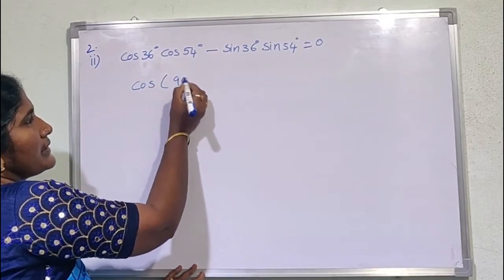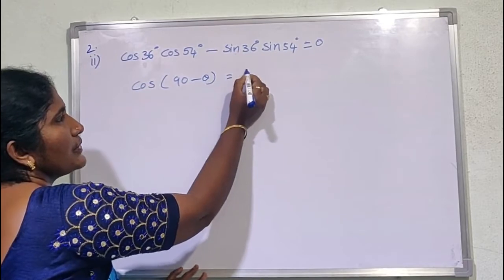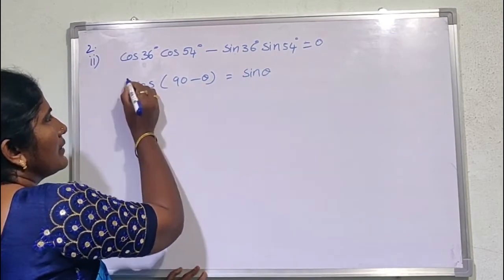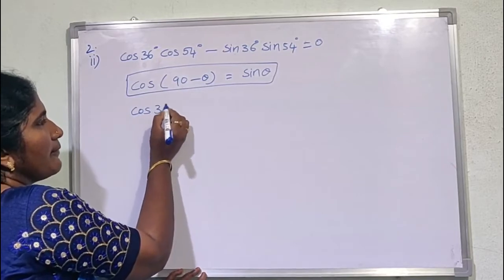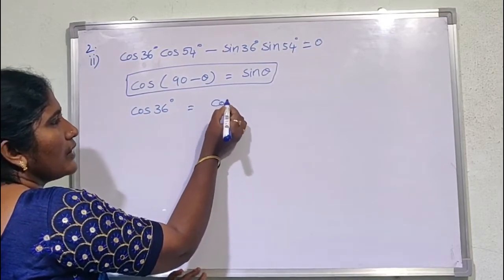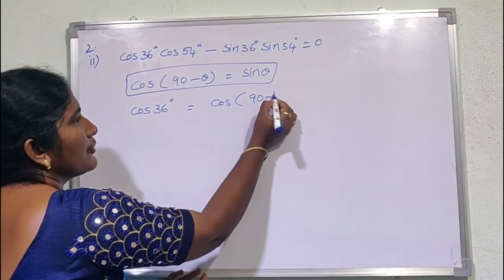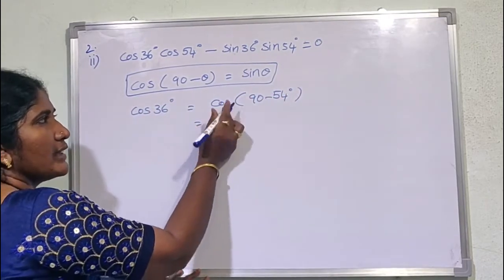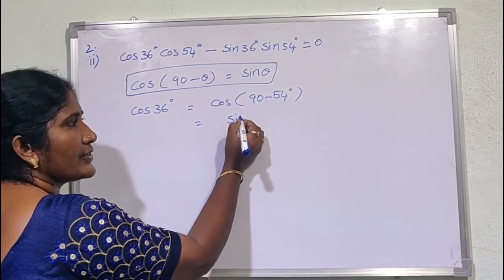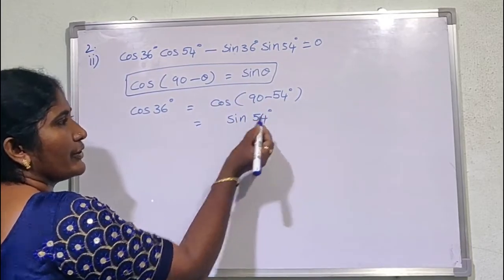Actually we know that cos 90 minus theta is equal to sin theta. Now cos 36 is equal to cos 90 minus 54. 90 minus 54 is 36. Cos 90 minus theta is sin theta, which is equal to sin 54 degrees.